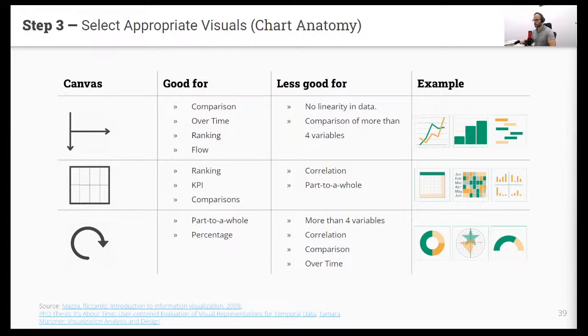Tables, which are the grid ones, are usually used for ranking and showing KPIs, but they are not so good for correlation, for example, correlating 2 columns between each other.